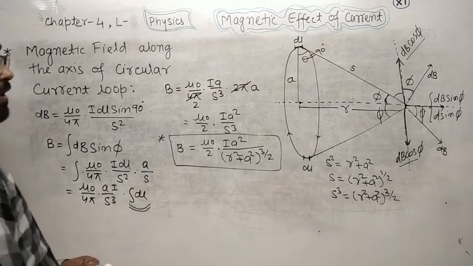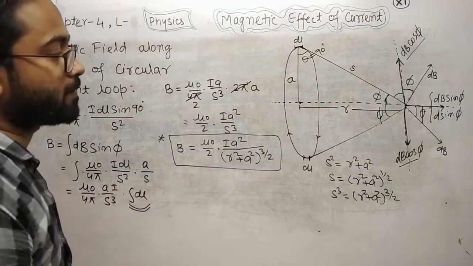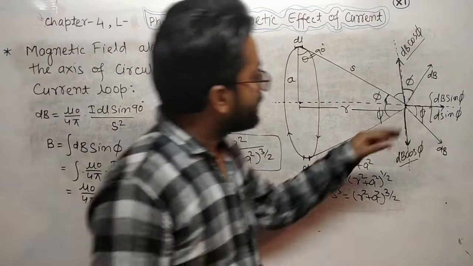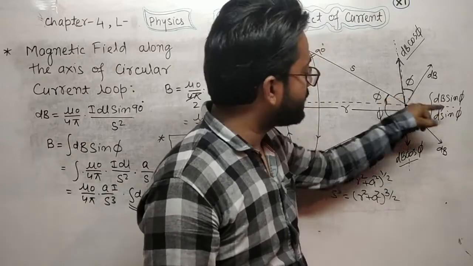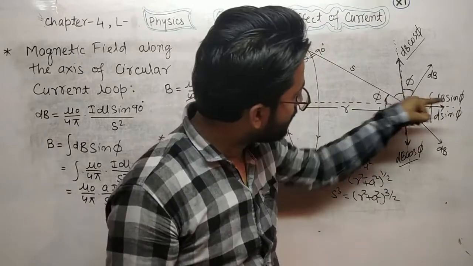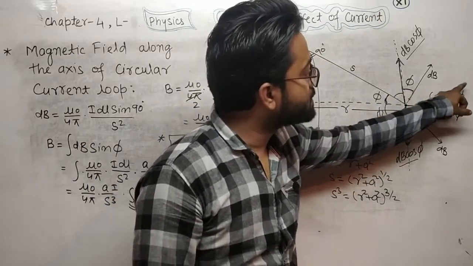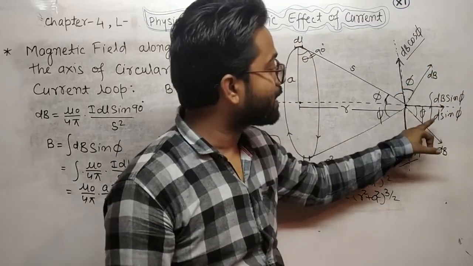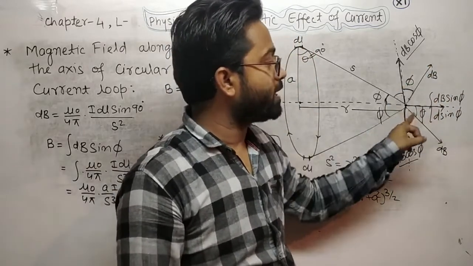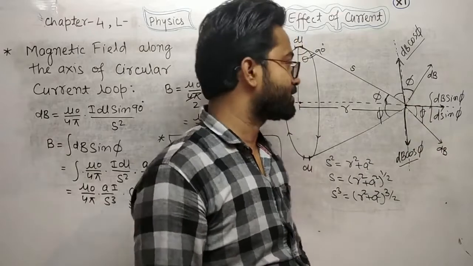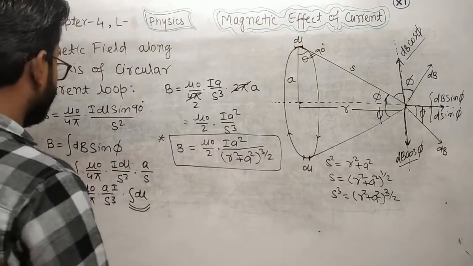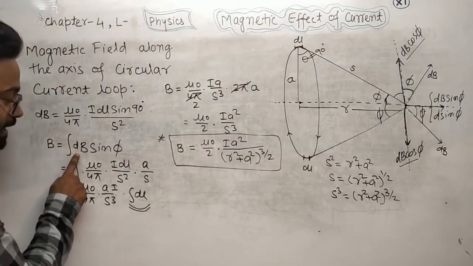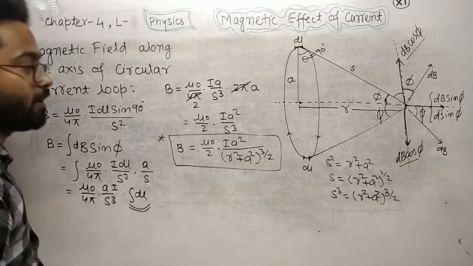I hope you understood, but one confusion is there. What? The total magnetic field along the axis is dB sin phi and dB sin phi. That means the total magnetic field should be 2 times dB sin phi. Correct. But we have taken only dB sin phi. Why?